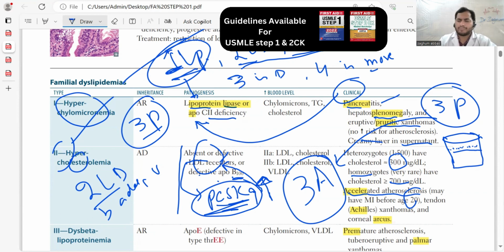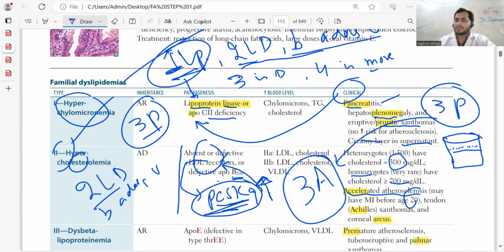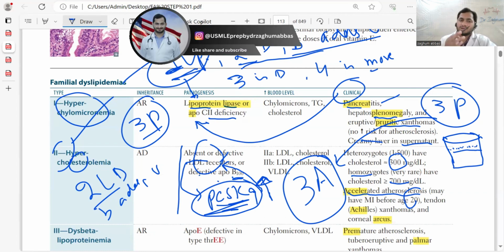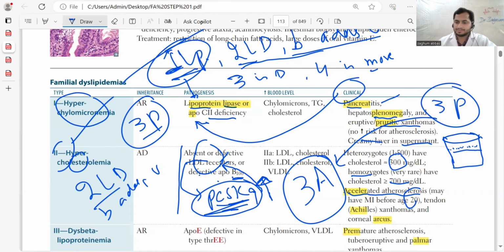Whenever a patient has MI at an early age, you can check the fasting lipid level. Remember, guys, when you are ordering a lipid level, you will always use a fasting lipid level. The next A is Achilles xanthoma. There will be fatty deposition in the Achilles tendon.